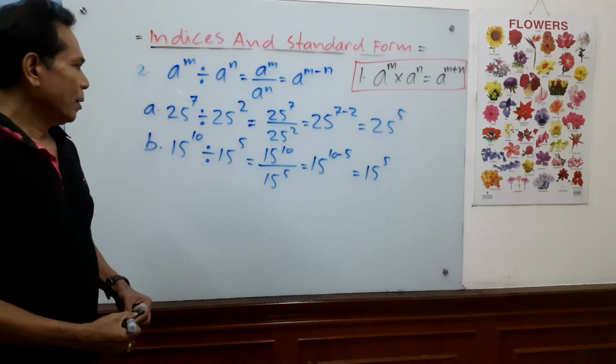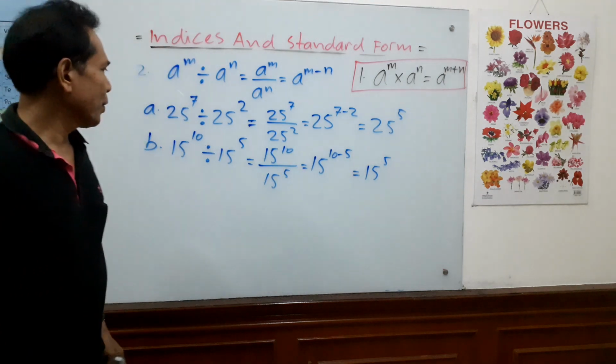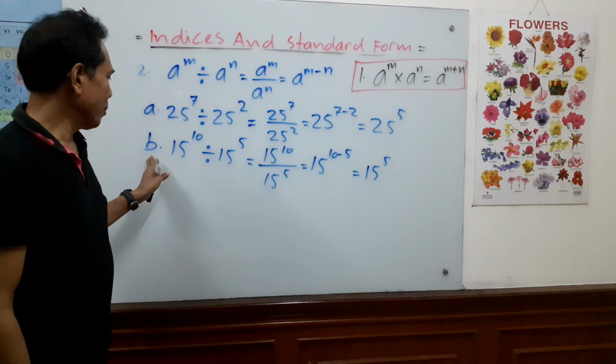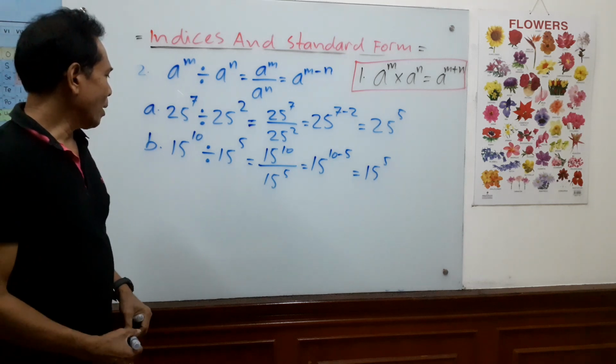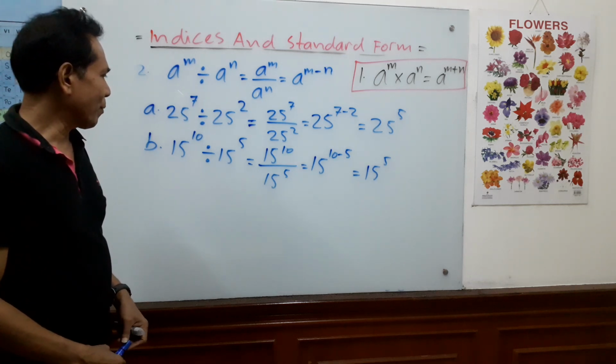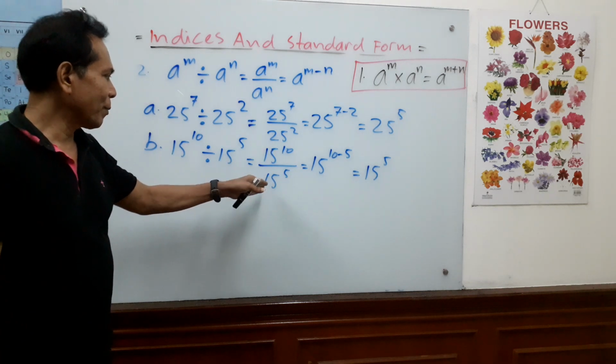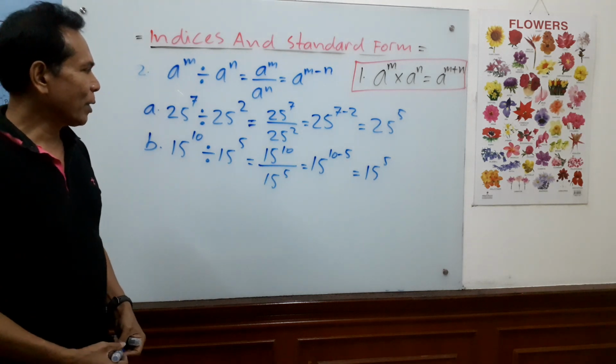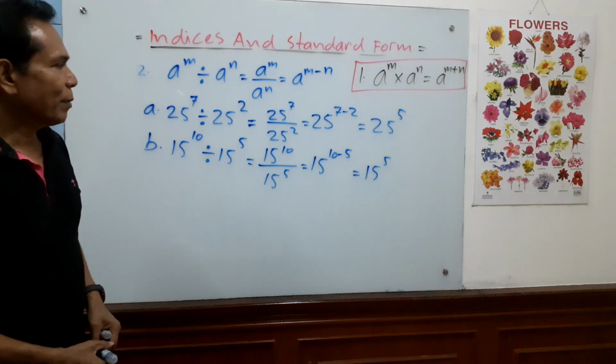Okay, 15 power 5 is your answer for question B. So 15 power 10 divided by 15 power 5 equals 15 power 10 over 15 power 5 equals 15 power 10 minus 5, which is 15 power 5.